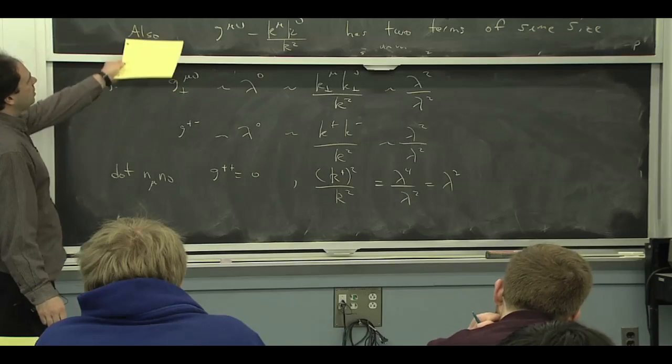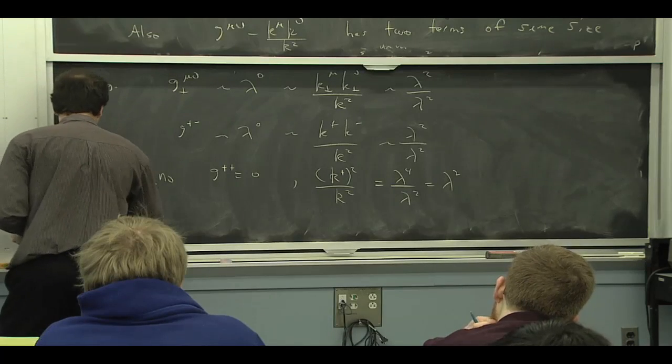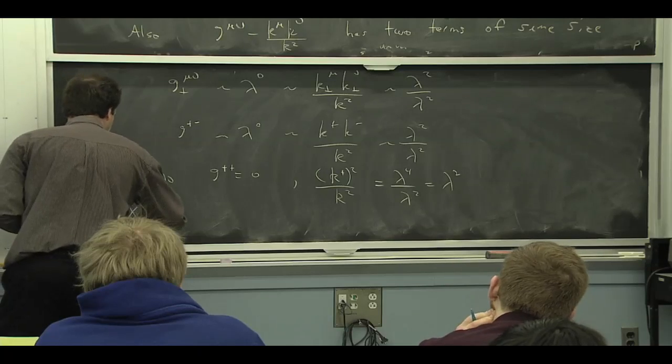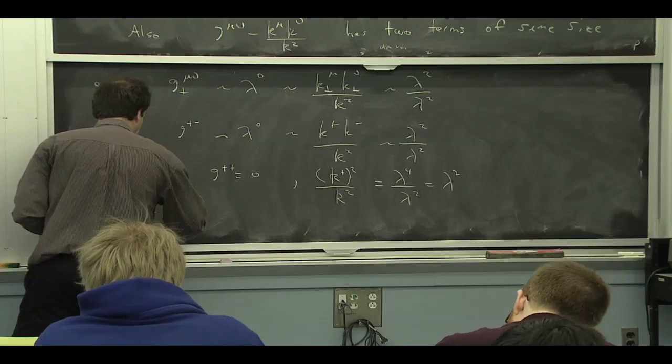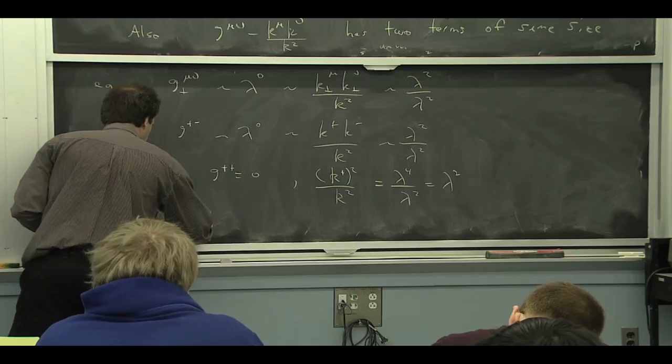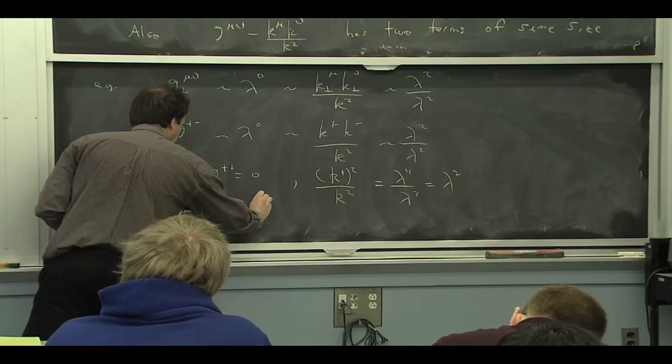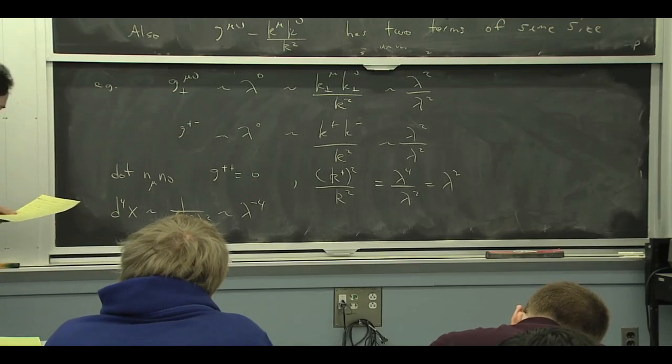So if we go through the same type of exercise that we did for the fermion, d4x scales like 1 over k to the 4th. So that's lambda to the minus 4, just as before.